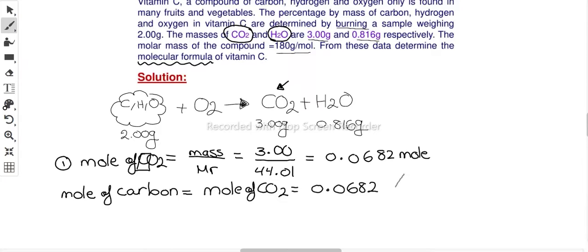The reason behind that is, according to the chemical formula, we have 1 carbon inside the CO2. So I'm going to write this down as a note, because of having 1 carbon.